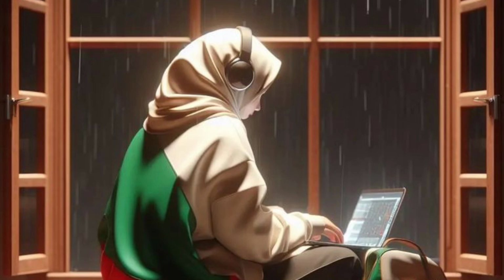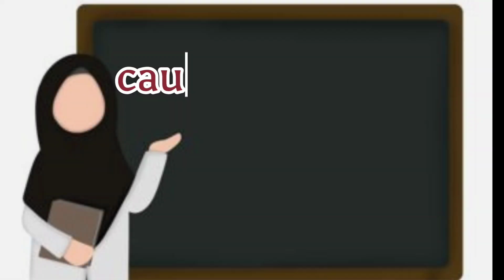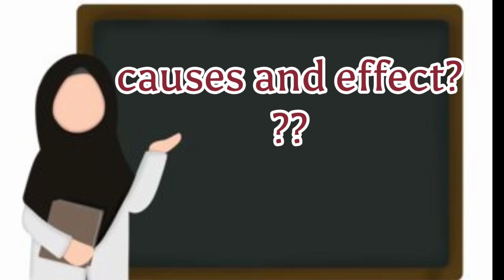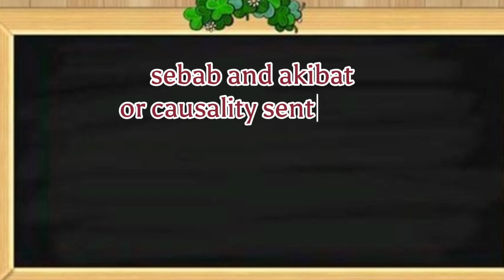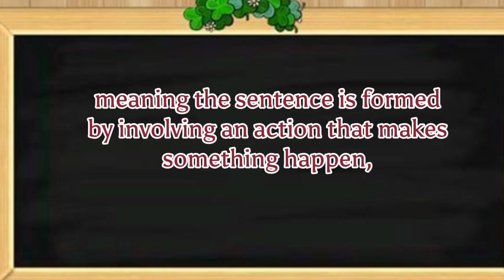Well, what are cause and effect? In simple terms, cause and effect sentences are usually also called sebab dan akibat, or causality sentences, meaning the sentence is formed by involving an action that makes something happen, or in English it is called cause, and the result of the action is effect.